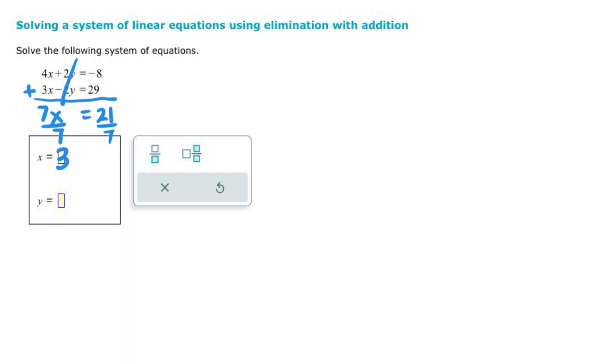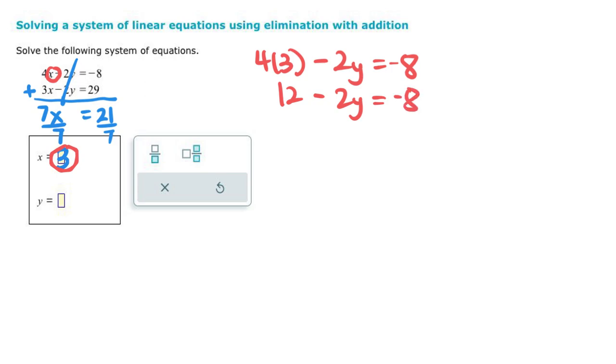Now that I know that x is equal to 3, I'm going to pick an equation. I'll just pick my top equation to put that in for x. So I'm going to have 4 times 3 minus 2y equals negative 8. That's 12 minus 2y equals negative 8.